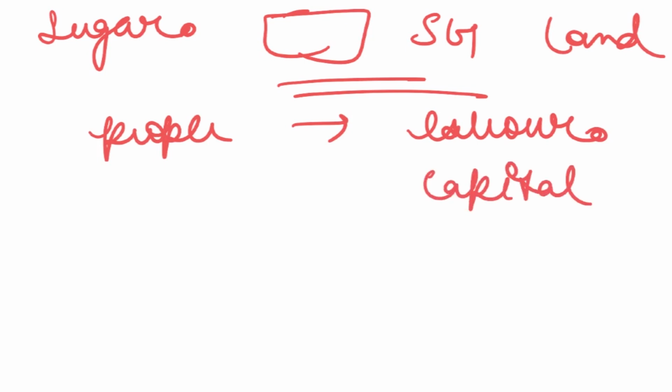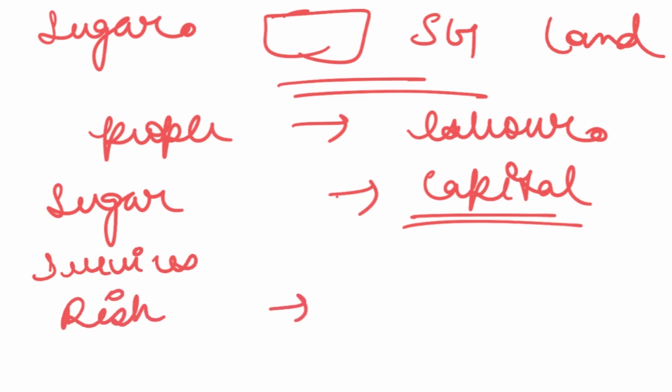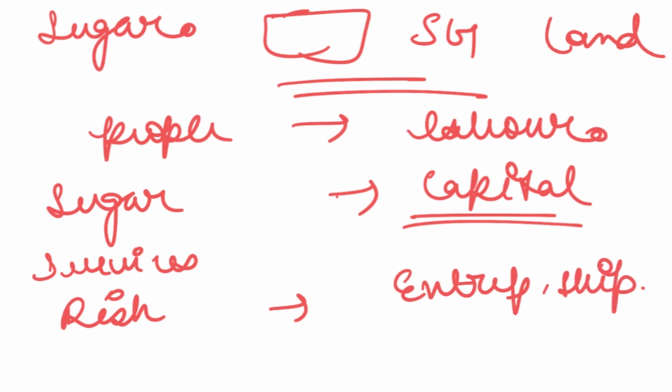Anything that you employ to convert the raw sugarcane into sugar forms part of your capital, and whatever services you are providing and the risk you are undertaking will be termed entrepreneurship. I hope by now you are clear with the concept of what the factors of production are and how these factors of production work.